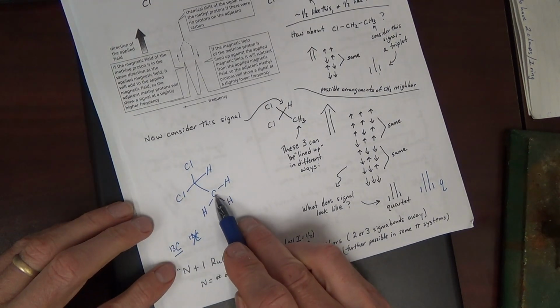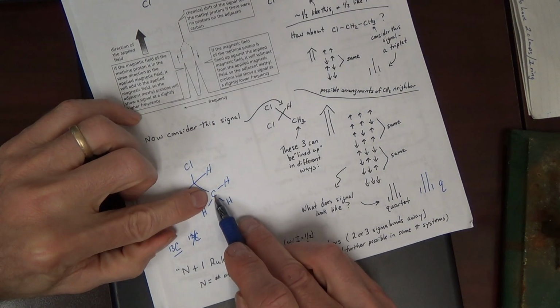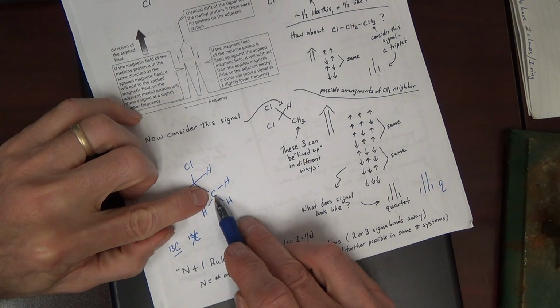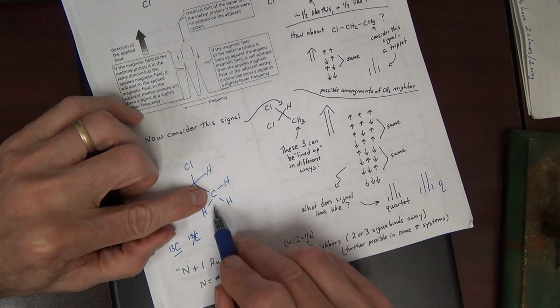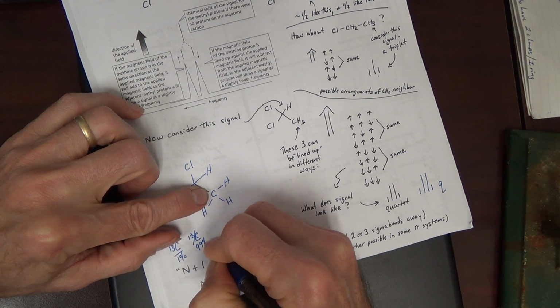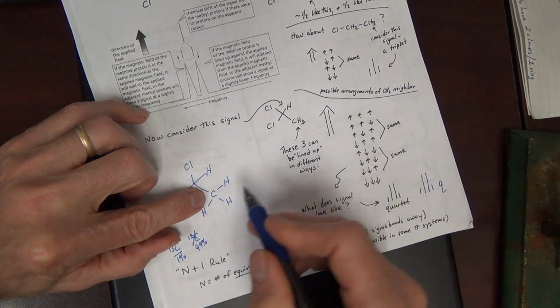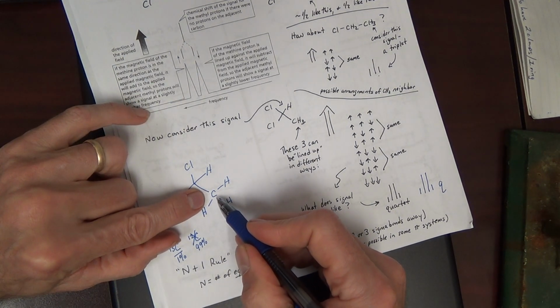What's the chance of this carbon being a carbon-13? Because if it was a carbon-13, that would have a magnetic moment in the presence of an external magnetic field, and we can do these scenarios. But there's only a 1% chance in a given compound that that's going to be a carbon-13.